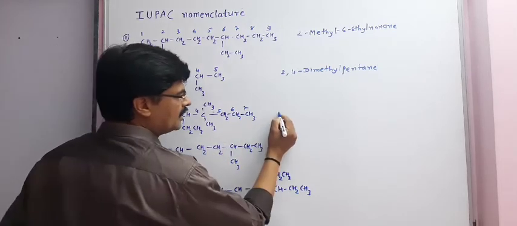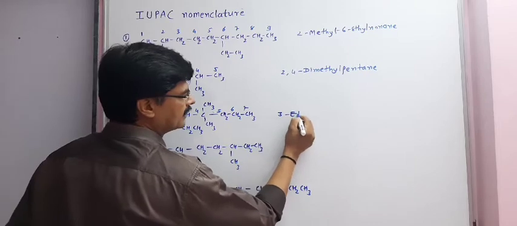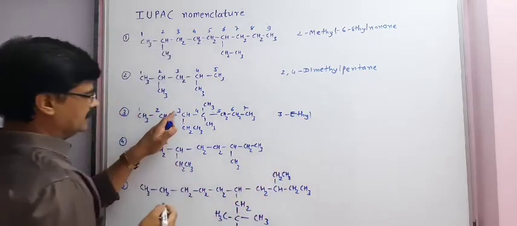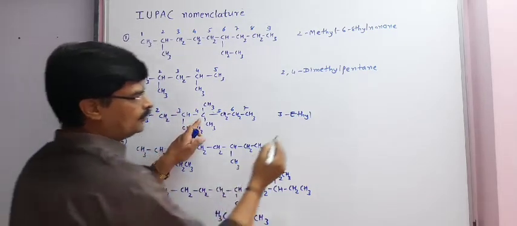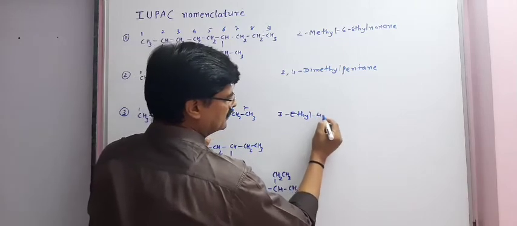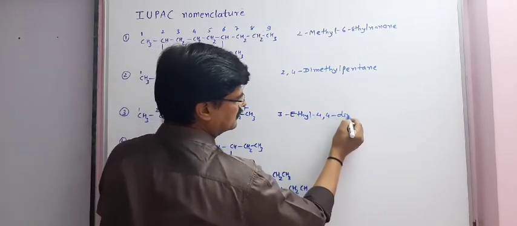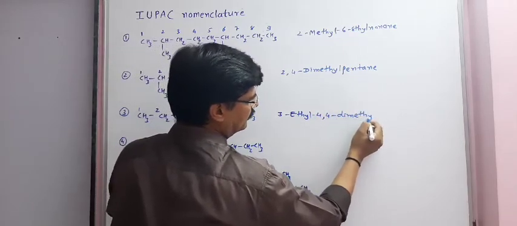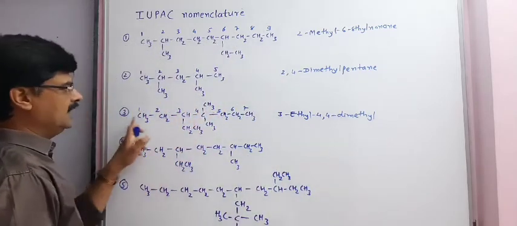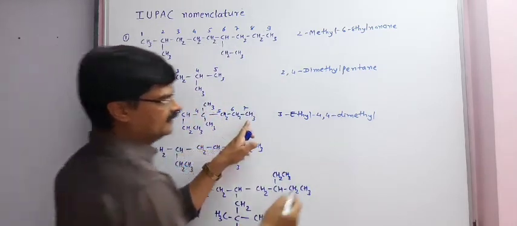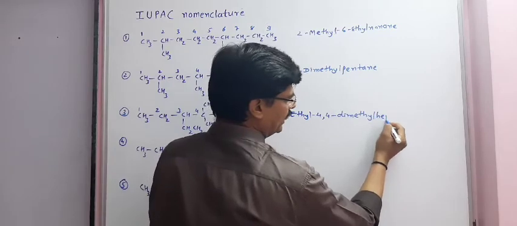So the name of the compound will be 3-ethyl 4,4-dimethyl, and the total number of carbons is 7, the longest chain. So heptane.